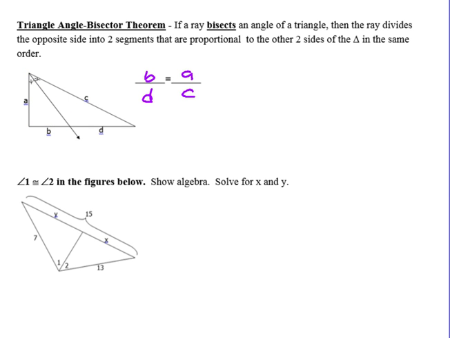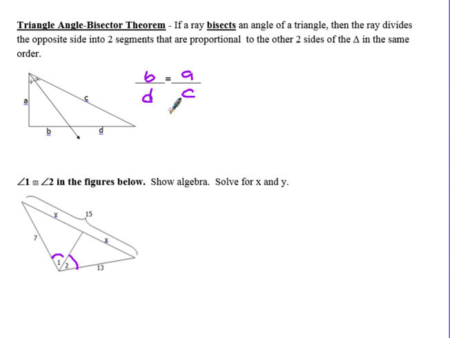So let's take a look at an example of what this looks like. In this example, we have angle 1 is congruent to angle 2. By telling you that those two angles are congruent, I know I can use the triangle angle bisector theorem. Now we want to solve for x and y. Notice that x is a small piece and y is a small piece, so we can't actually do this proportion, and I want to show you why.